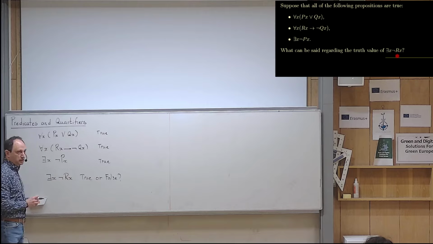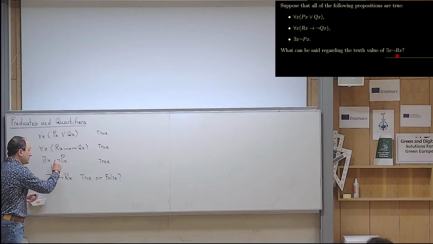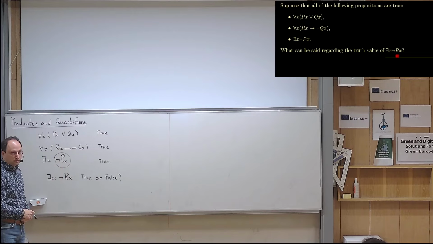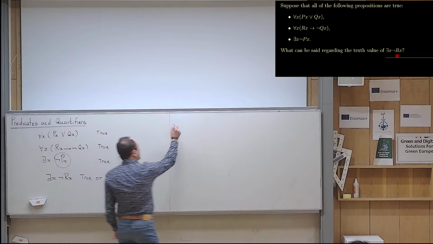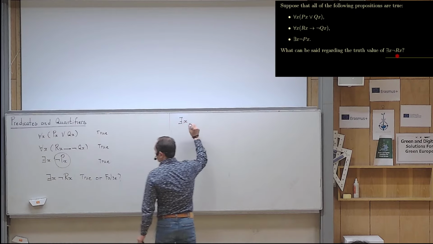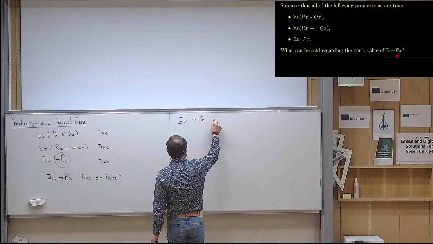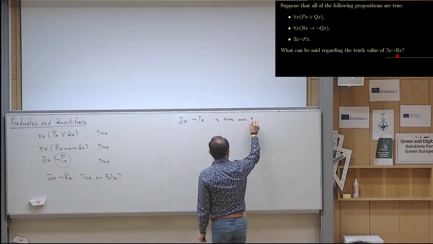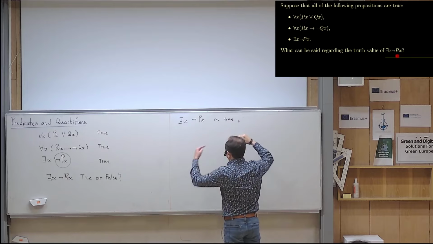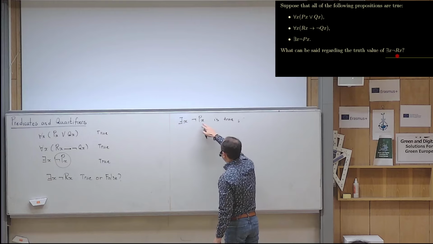So what is the claim here? The claim here is that there is at least one element from the universe of discourse for which this is true. Not P of x is true, so it means P of x is false. But let me give this a name. So this means that this is true. This implies that there exists an element from the universe of discourse for which this is true.